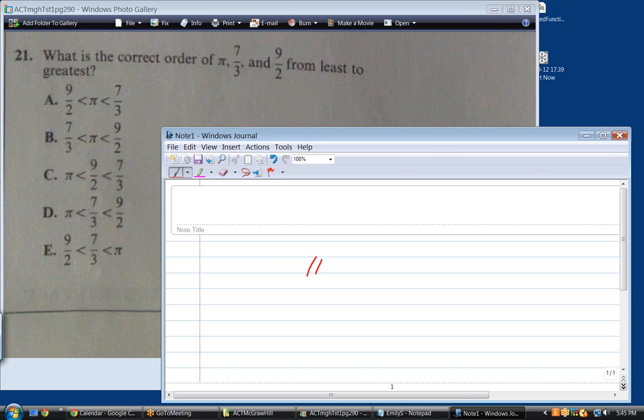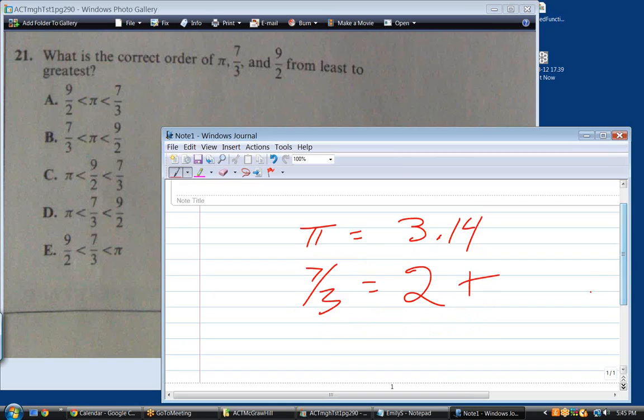What's pi? Pi is 3.14. What's 7/3? Just approximately. Well, divide 3 into 7. What do you get? 3 goes in 2 and change. We'll call it that. I don't care what the change is, because at this point there's no difficulty ranking this number with this number.